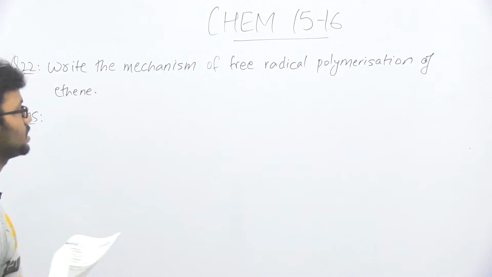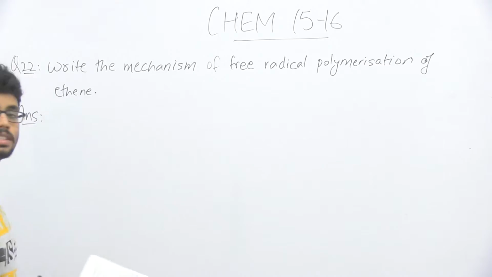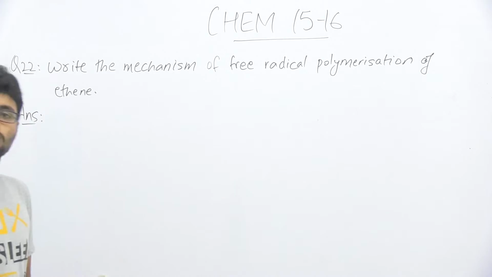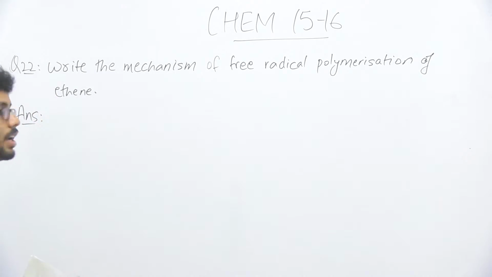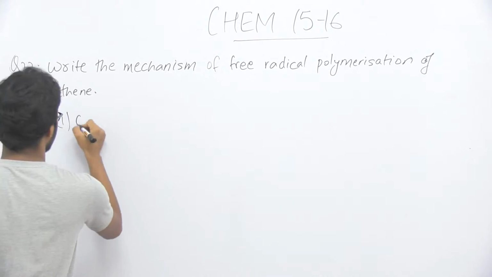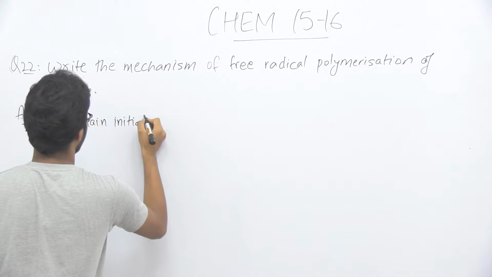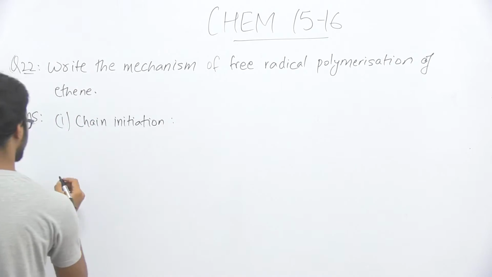So the next optional part of this question is, write the mechanism of free radical polymerization of ethene. We know that in the free radical polymerization of ethene, there are basically 3 steps. The first one is chain initiation. The second one is chain propagation.